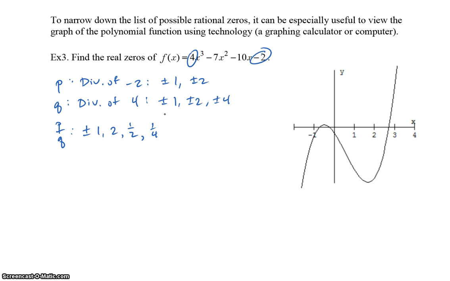Now, to the right you see the graph of f, and let's pay particular attention to the x-intercepts. You can see we have 3 x-intercepts. That would tell us that there are 3 real zeros. I'm just indicating the x-intercepts here.